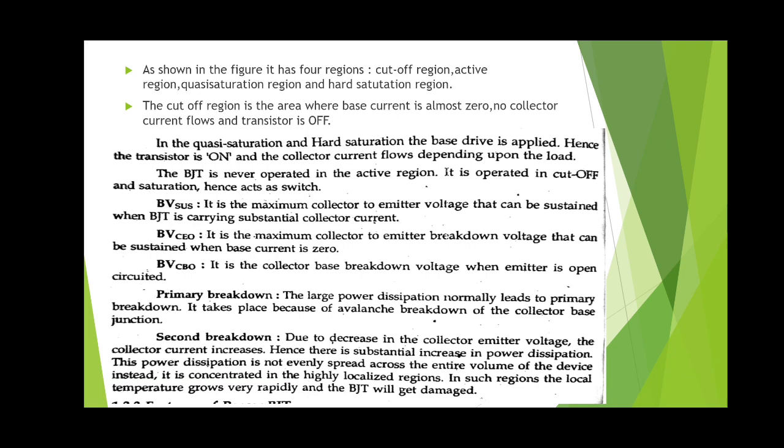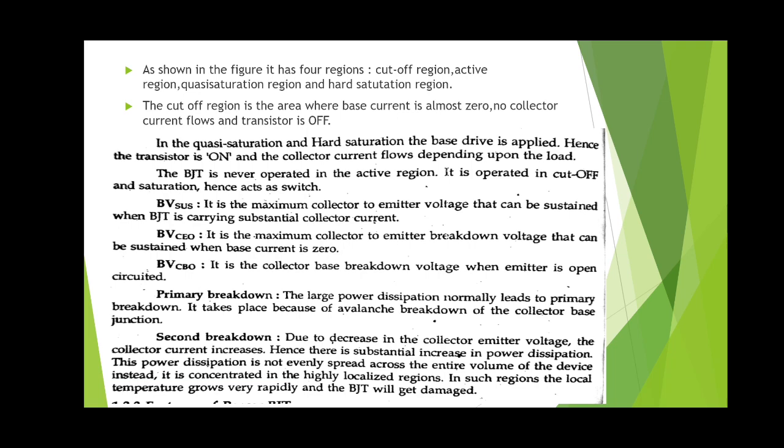This power dissipation is not evenly spread across the entire volume of the device, but it is concentrated in highly localized regions, in the form of spots.